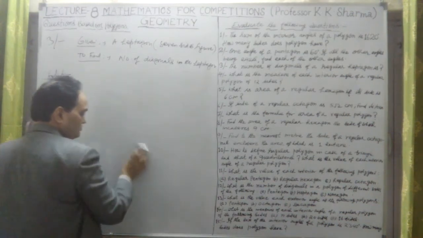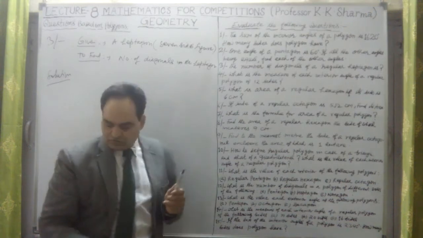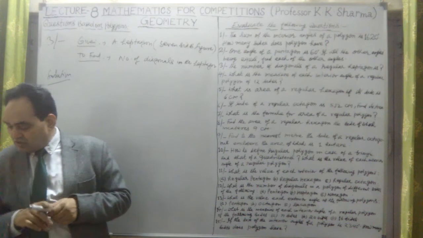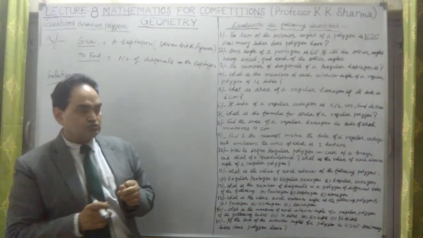What is the value of the number of diagonals? We know that the number of diagonals is given by n into n minus 3 upon 2.